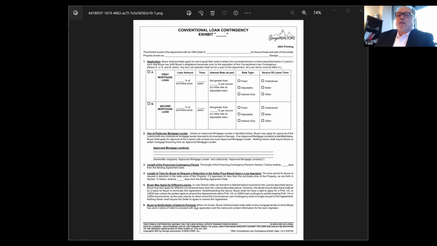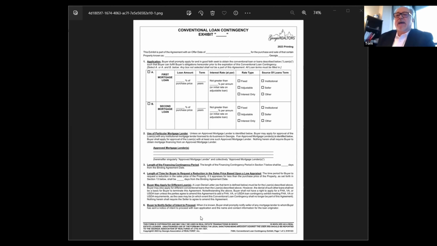So what this now means is that it says when it is known, the buyer shall promptly notify seller of any mortgage lender to whom the buyer has sent a notice of intent to proceed with the loan application and the name and contact information for the loan originator.